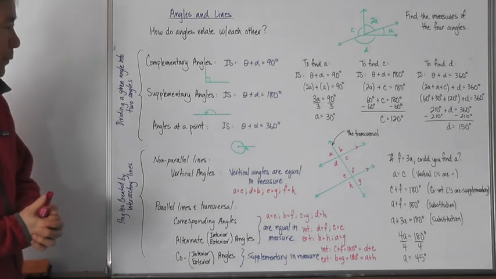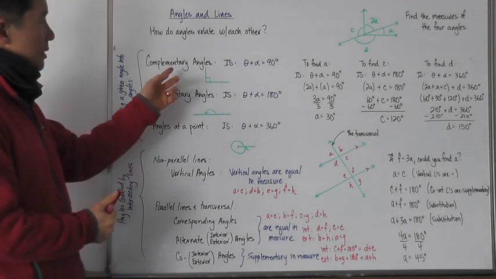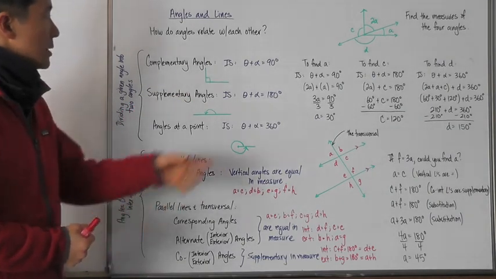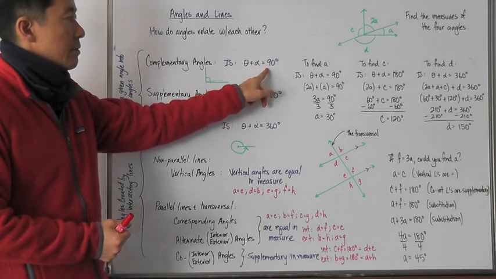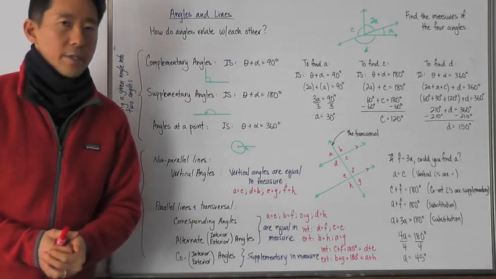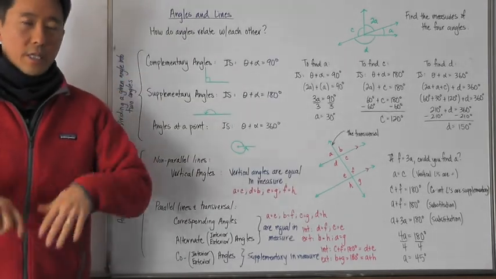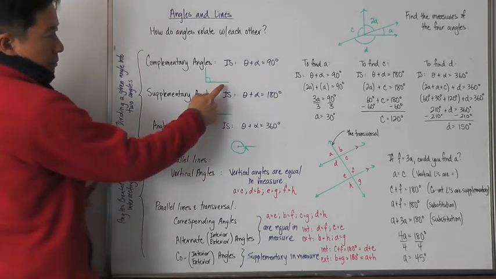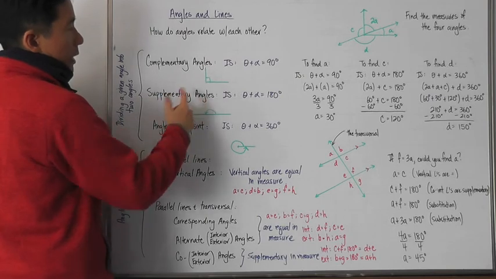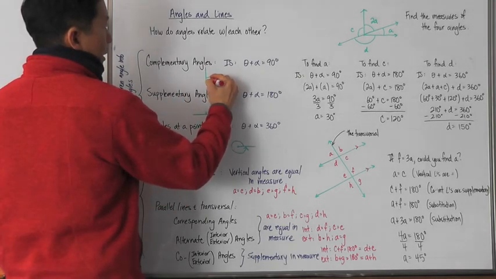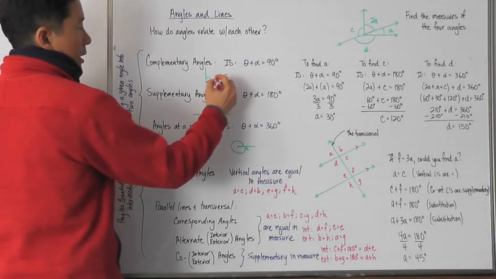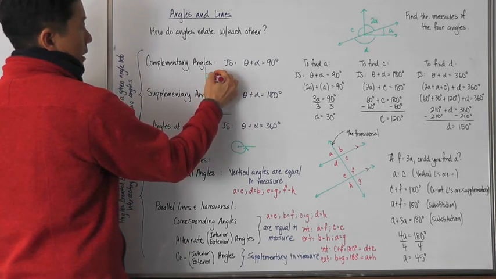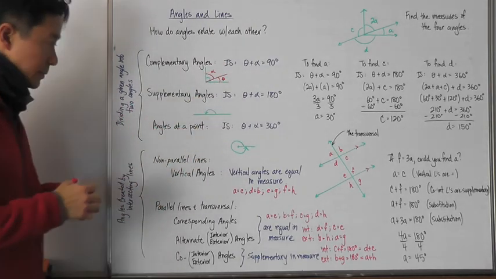For example, let's take a look at this particular situation, which is called complementary angles. The initial statement says that theta plus alpha is equal to 90 degrees. So we're going to take a right angle and separate it, or cut it up, into two different angles. Here is a diagram of a right angle, and if I cut it up in any way that I want, what I create is another angle called theta and another angle called alpha.